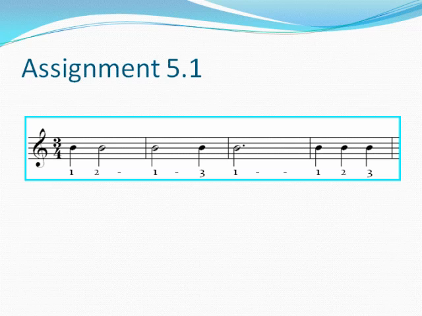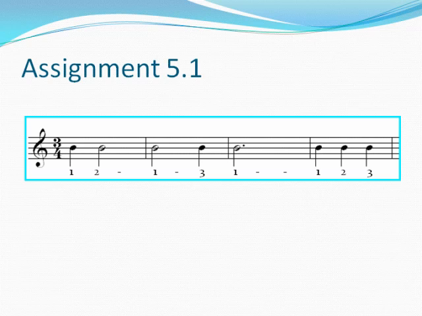Looking at everything you need to see before you can count, you want to look at the meter signature, which is 3/4 time in this particular example. So that means the top number, 3 beats in a measure, and the bottom number, a quarter note gets 1 beat. That's what the 4 means.